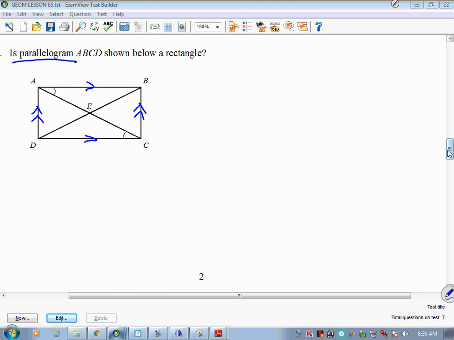They're telling me that I have alternate interior angles that are congruent, right? Because I have parallel lines cut by a transversal. So that's going to show me that. But also, I have this right here. So I know that these are congruent.